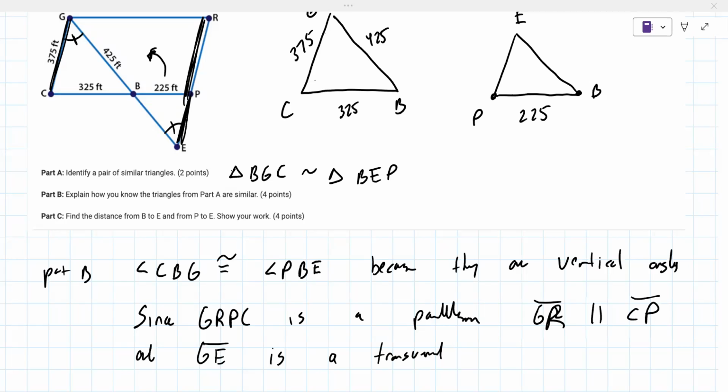Segment GE is a transversal. Also, when referring to a line, would you put like GBE or just the two endpoints? I would use just the two endpoints with a little segment above it.